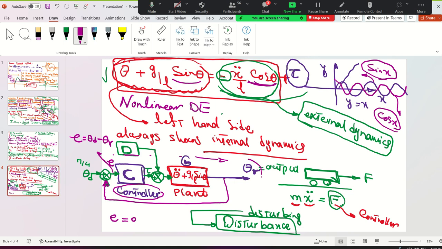When there is a real output, how are you going to compare it with the input? How do you measure the output physically, not mathematically? How do you sense the temperature of a room that is 75 degrees, 80? Sensors. So in the feedback, you have the block that we name H, sensor.